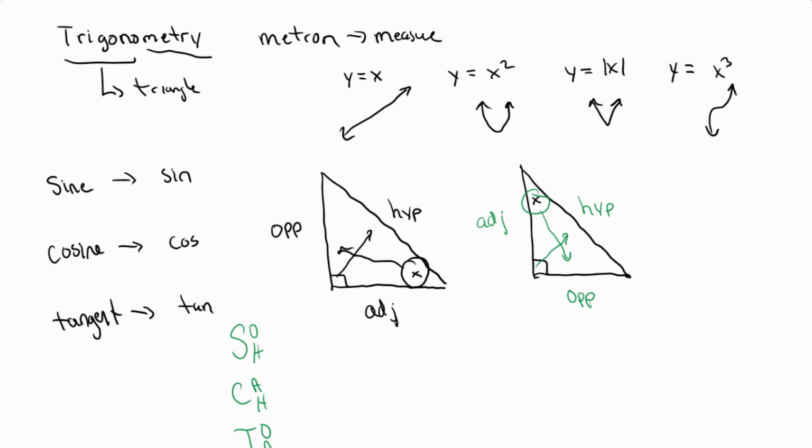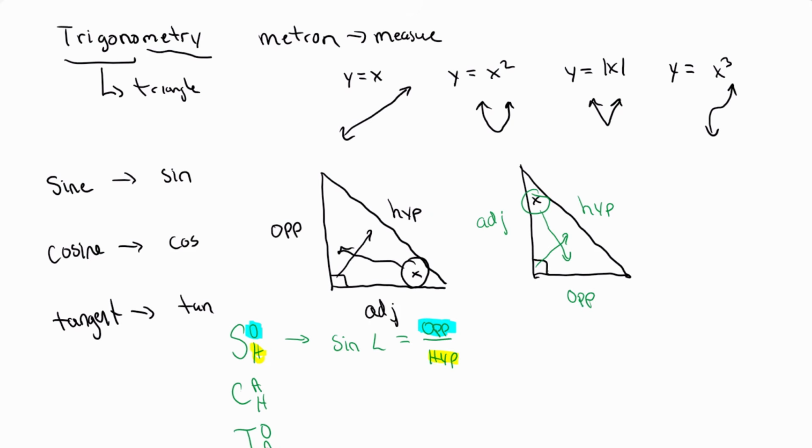Where the trick comes into play is this. The sine of any angle is equal to opposite over hypotenuse. If you take a look, opposite over hypotenuse, you can see how it plays out in her name.